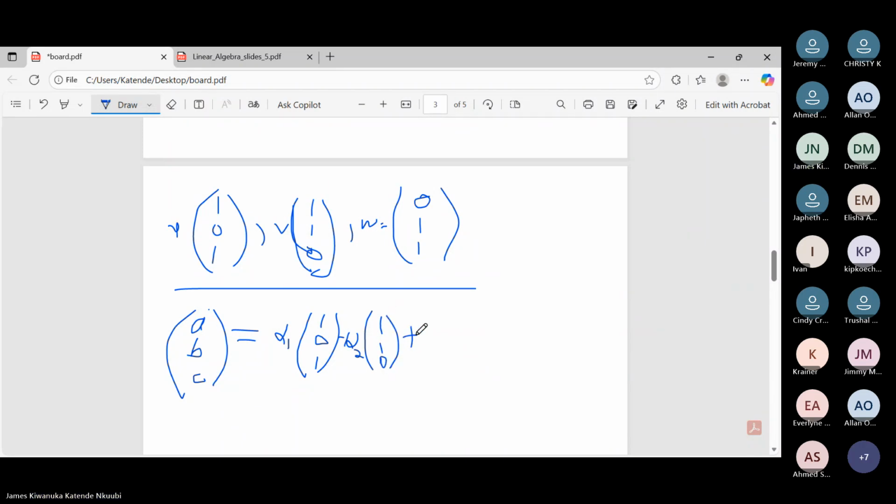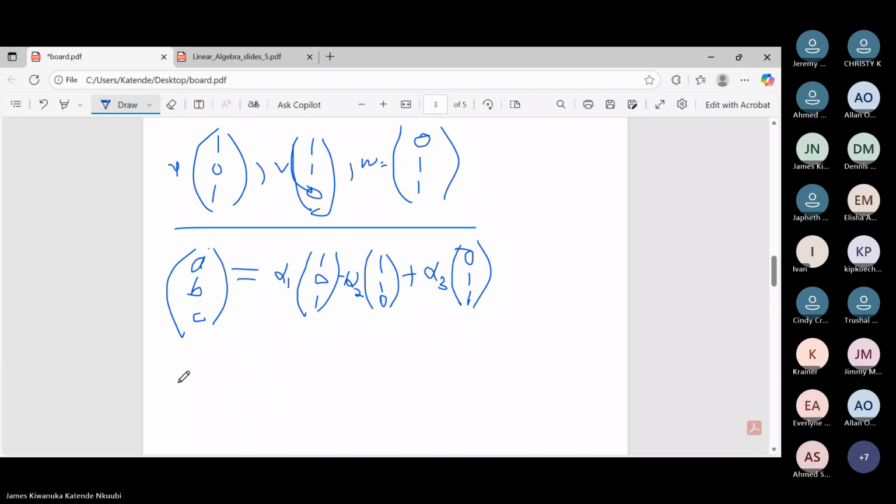And the last one is alpha 3, times 0, 1, 1. So your work is to find these scalars. For any vector in R3, you need to find the scalars alpha 1, alpha 2, and alpha 3 that will satisfy this. You should write them in terms of A, B, and C. So try to solve this in time.